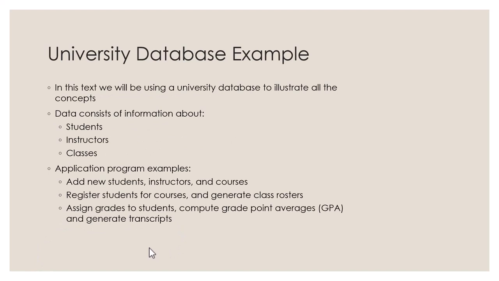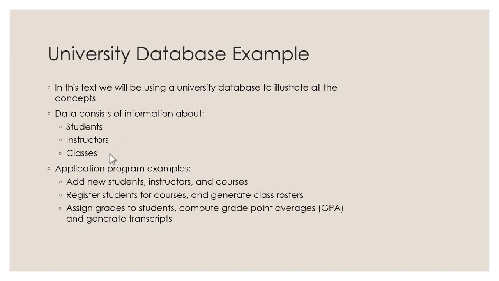So let's think about data in terms of a university. This is from the textbook. We're going to be using this university database a lot. You're going to be seeing this a lot in your homework assignments as well. So just thinking of big ideas, a university has students, instructors that are teaching the classes, and then the classes that are being taught.